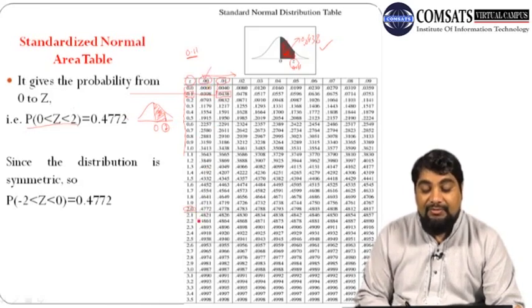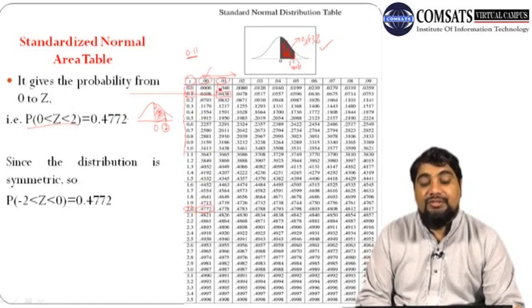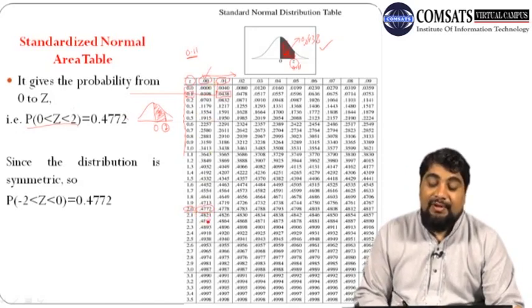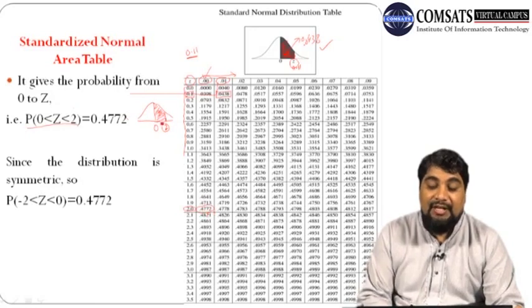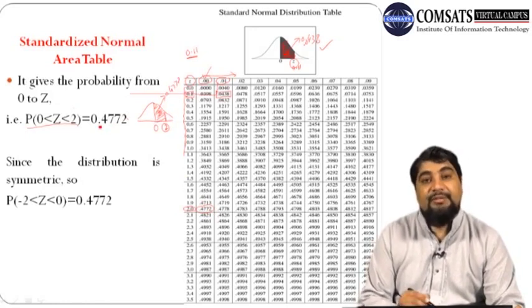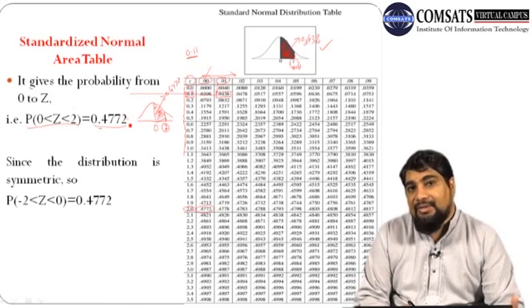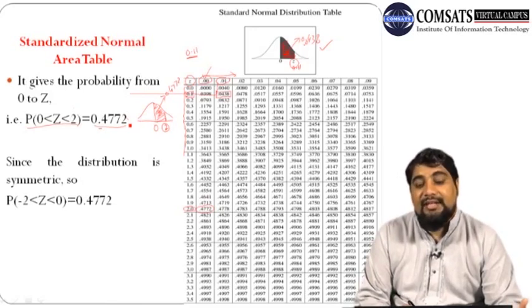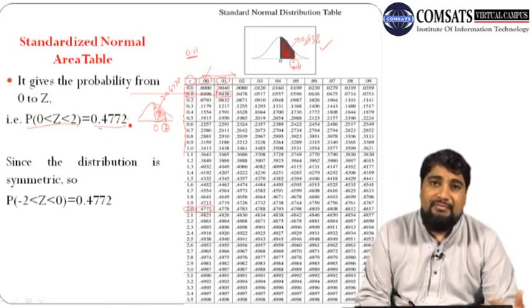The value at the intersection of 2.0 and 0.00 is 0.4772. So it means the area between 0 and 2 is 0.4772, which is written here. So this is how we can use the standard normal distribution table. Now let us discuss a few related cases.